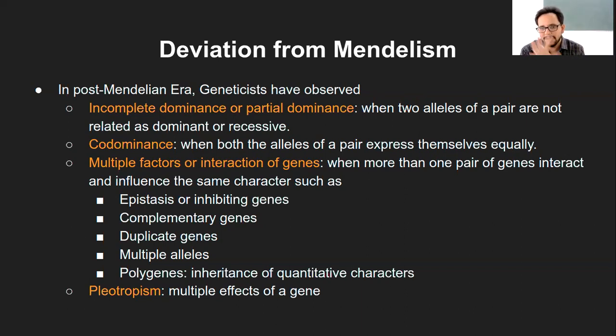So mathematically it is the same, but in the biological phenomenon both alleles express equally. That phenomenon is called codominance, that is both dominant genes are expressing their characteristics.